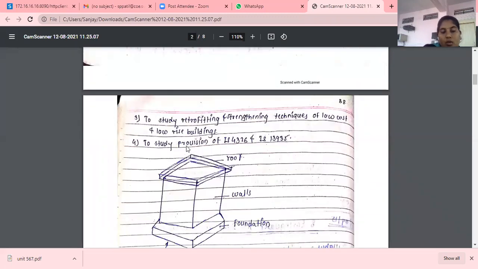Third objective is to study the retrofitting and strengthening techniques of low cost and low rise buildings. And the last point, to study the provisions of IS codes, that is IS 4326 and IS 13935.